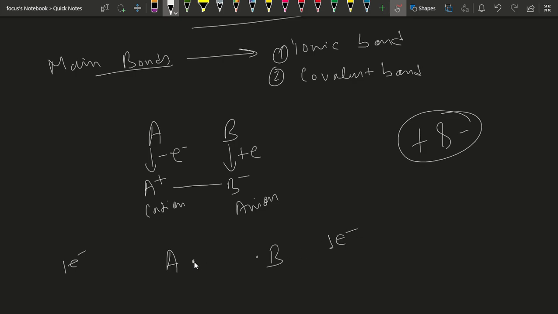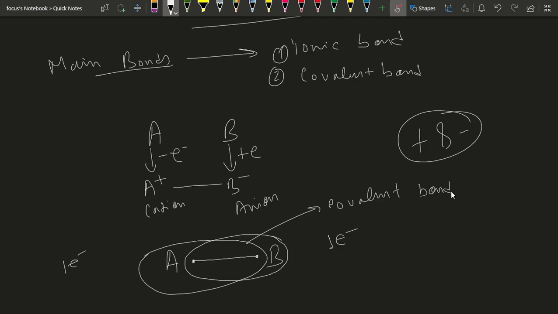Then they will share these two electrons between them, so that B shows two electrons in its valence shell, and at the same time A also shows two electrons in its valence shell. They have a completely filled valence shell, and that's why they are stable. This sharing of electrons binds these two atoms, and this attractive interaction is called covalent bond.